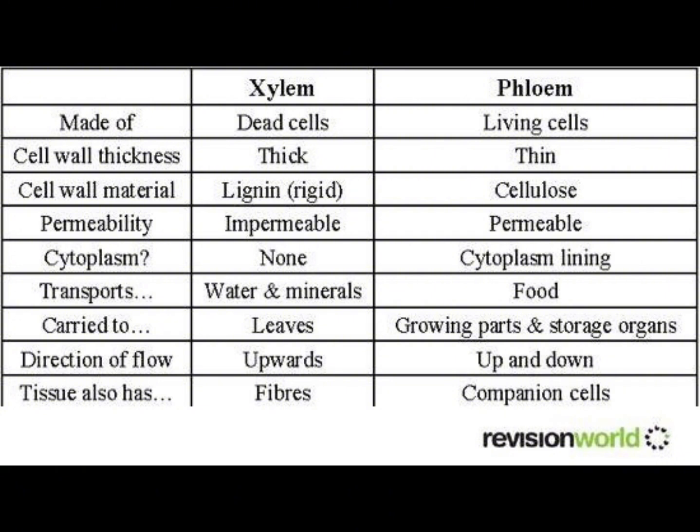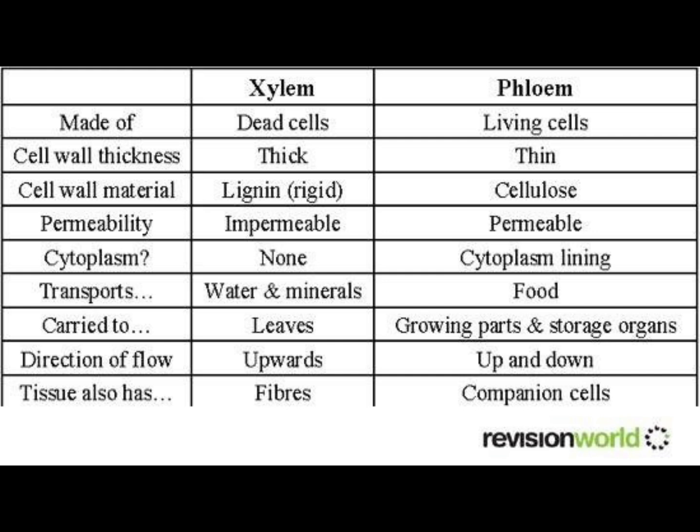You are expected to know the differences between xylem and phloem. So first difference, we are going to look at what is used in order to have the xylem and in order to have phloem. The xylem is made of dead cells, while the phloem is made of living cells.